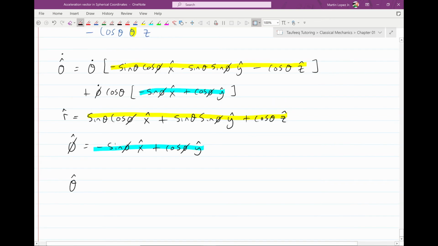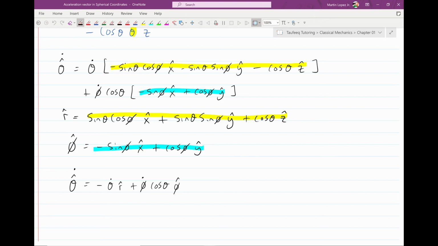Okay. Now let's just substitute. We have theta hat dot is equal to negative theta dot r hat plus phi dot cosine theta phi hat. Okay, very good.